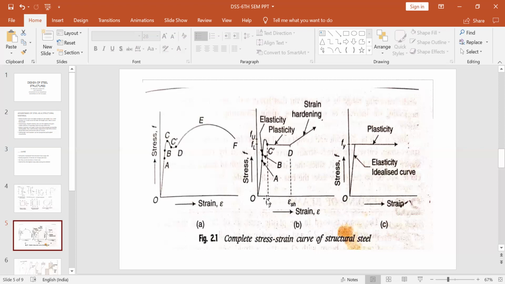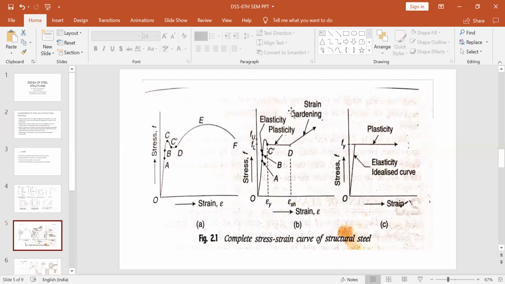See from here it is increasing. This will be Fu, and then up to here it is elastic limit, then it is plastic. So they have done this elastic and plastic combination, and then from here it is strain hardening. So this portion is plastic state and this portion is strain hardening. Strain hardening will start.